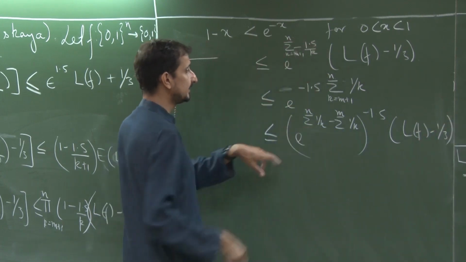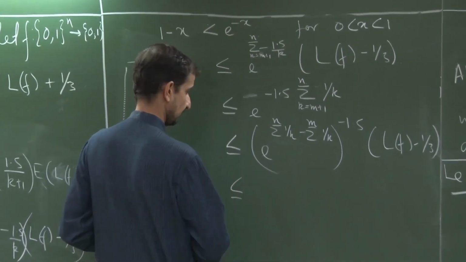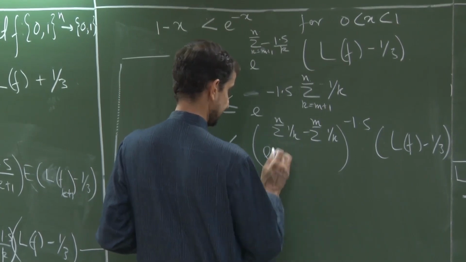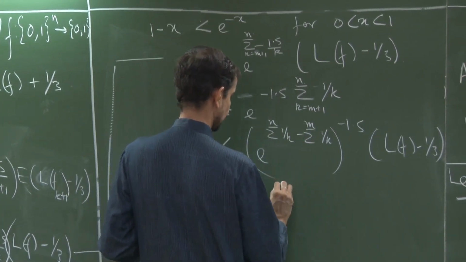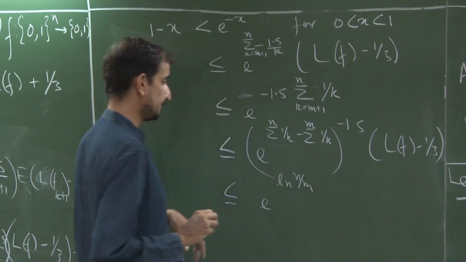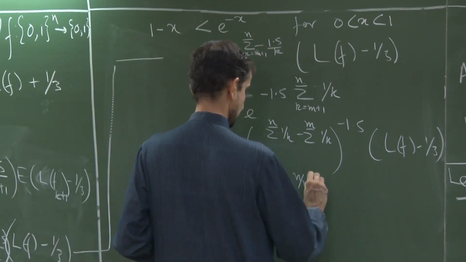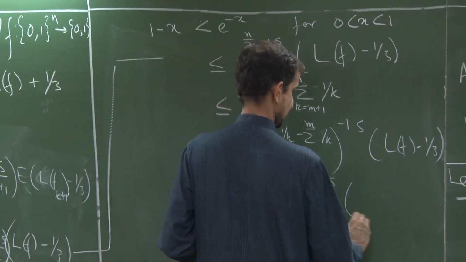This quantity is upper bounded by ln n, so this would become e to the power ln n minus e to the power ln m, which is e to the power ln of n by m, whole to the power minus 1.5.